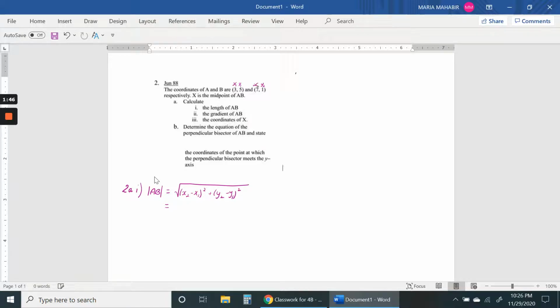So this becomes 7 minus 3 all squared, add 1 take away 5 all squared. 7 take away 3 is 4, so this is 4 squared. 1 take away 5 is negative 4.